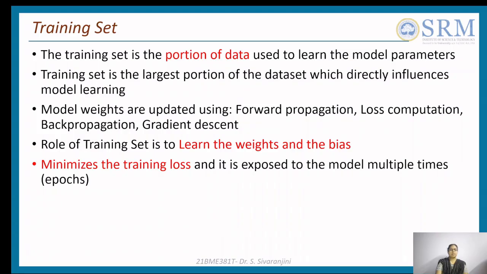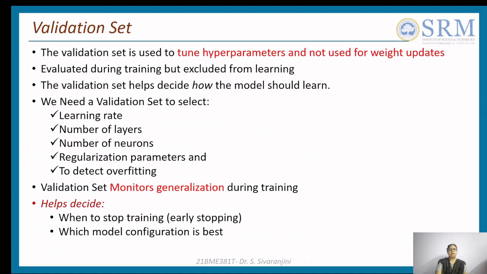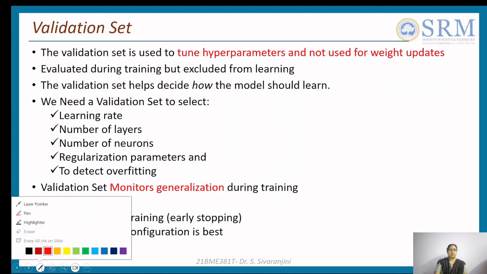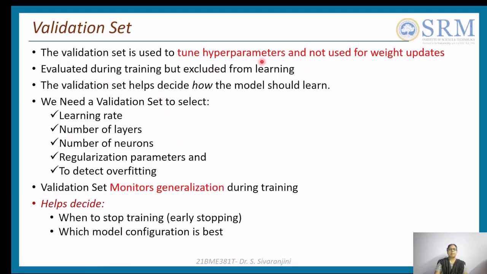After the training set, we have the validation set. The entire raw data input is split, and this validation set is used to tune the hyperparameters and not used for weight updates.